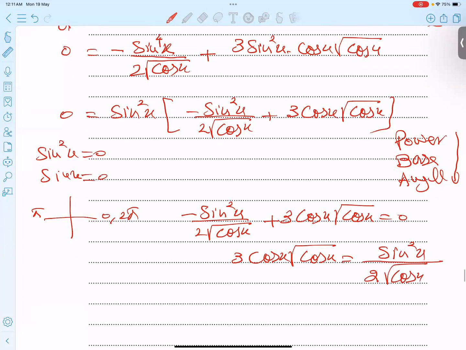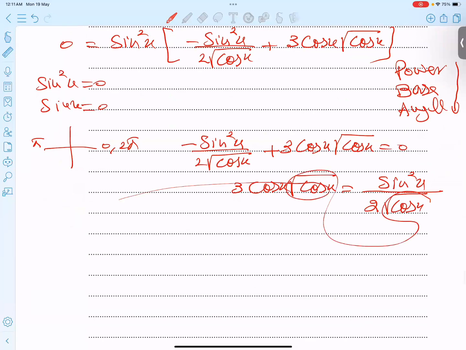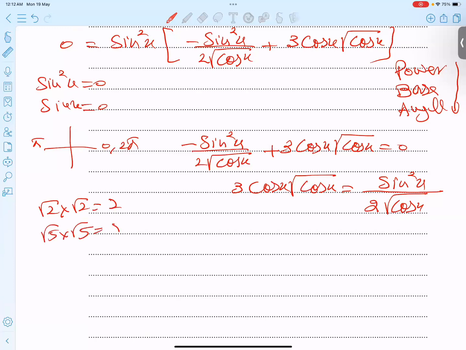Root multiplied by root, you know root 2 into root 2 gives us 2 only, root 5 into root 5 gives us 5 only. So root cos into root cos gives cos only. This gives cos and cos, another cos into cos becomes cos square.